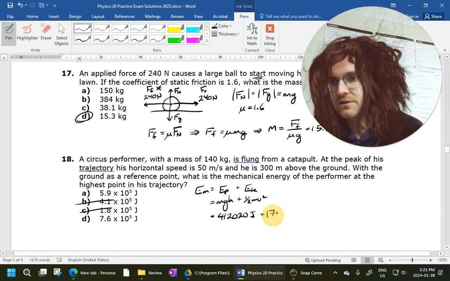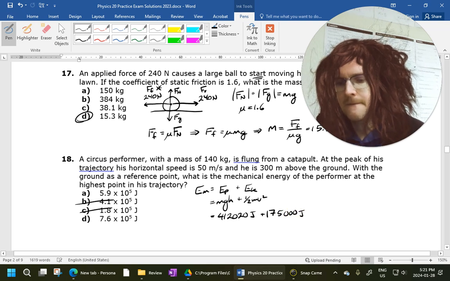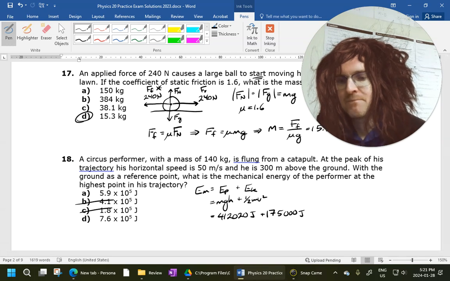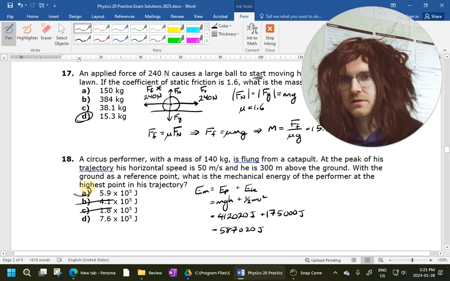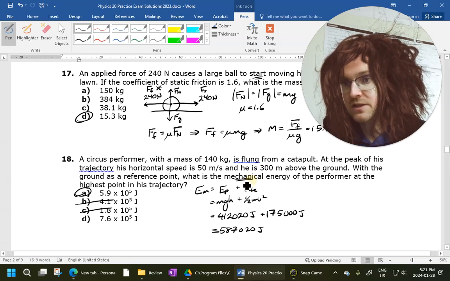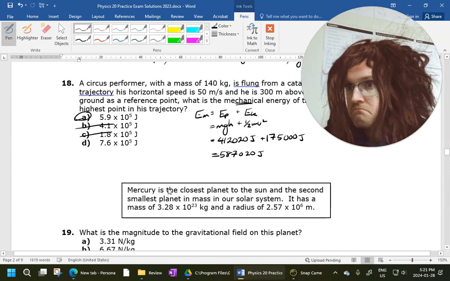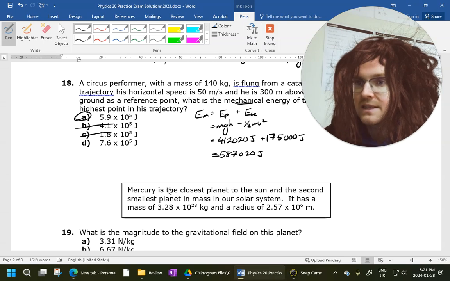So I've got to add in this extra 1,075,000 joules as well. So if I add those two numbers together, we get 1,487,020 joules. So that's going to be A there. So remember, mechanical energy is going to be the sum of those two types of energy. Actually, all the energies, but usually we just talk about the ones for physics, like gravitational and elastic potentials and kinetic.